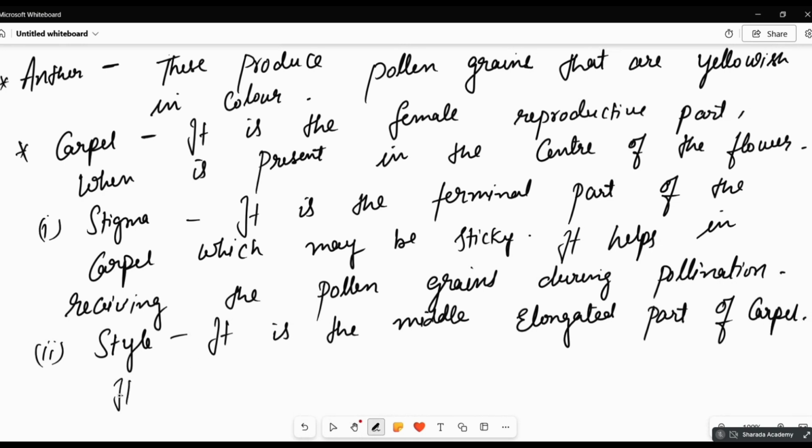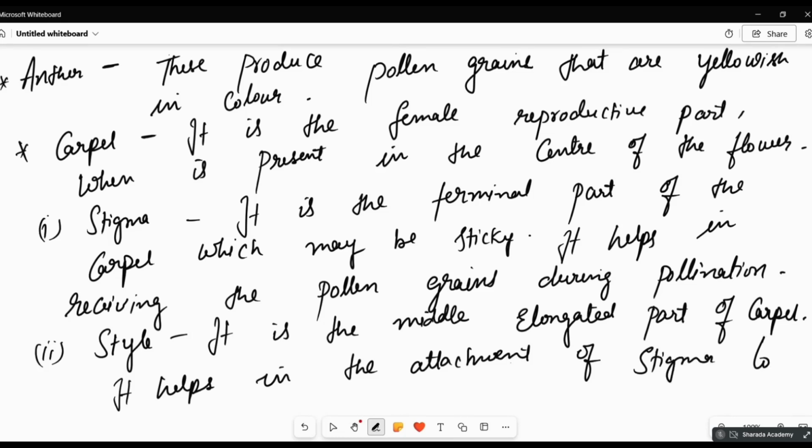It helps in the attachment of stigma to the ovary.